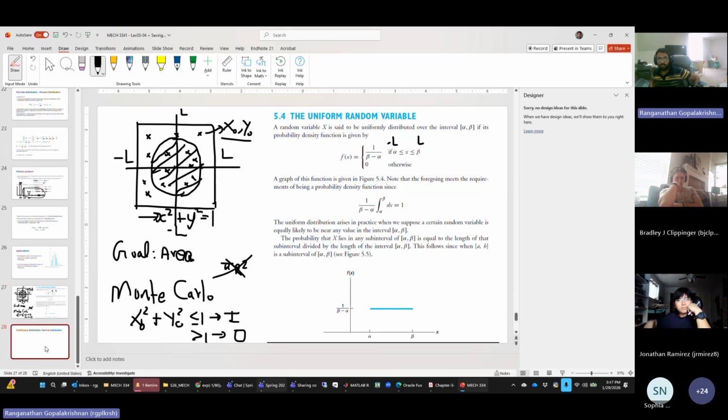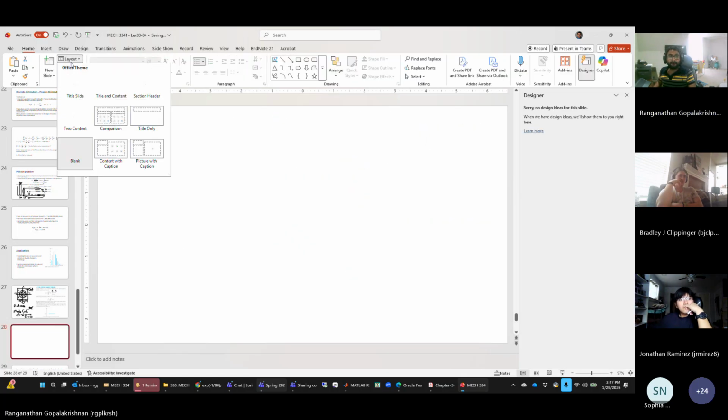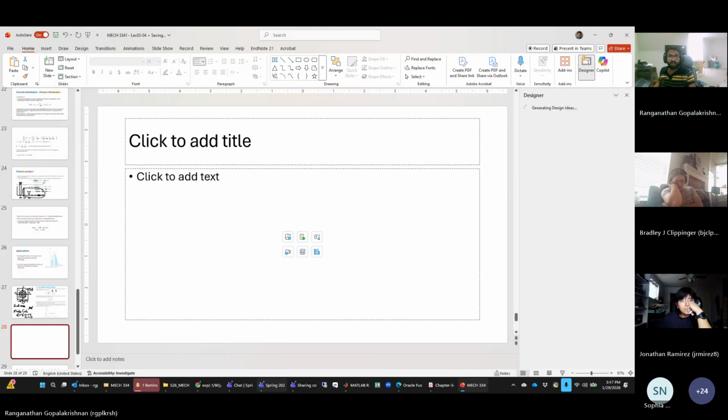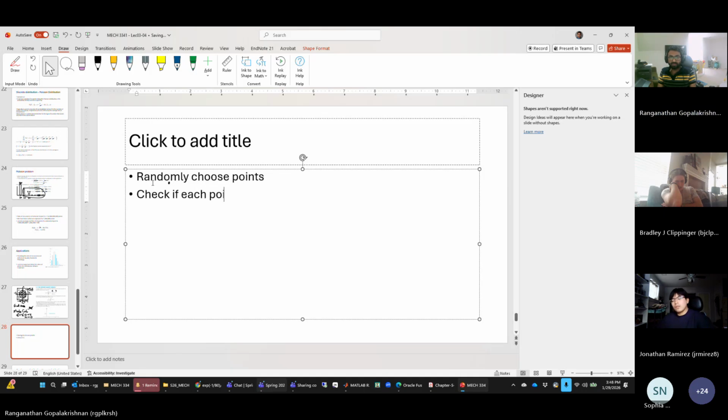So randomly choose points, and check if each point is inside or outside the shape, in our case a circle.